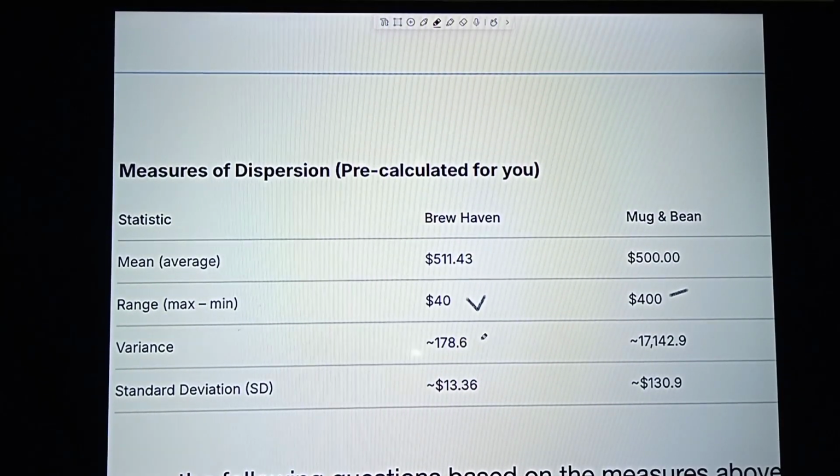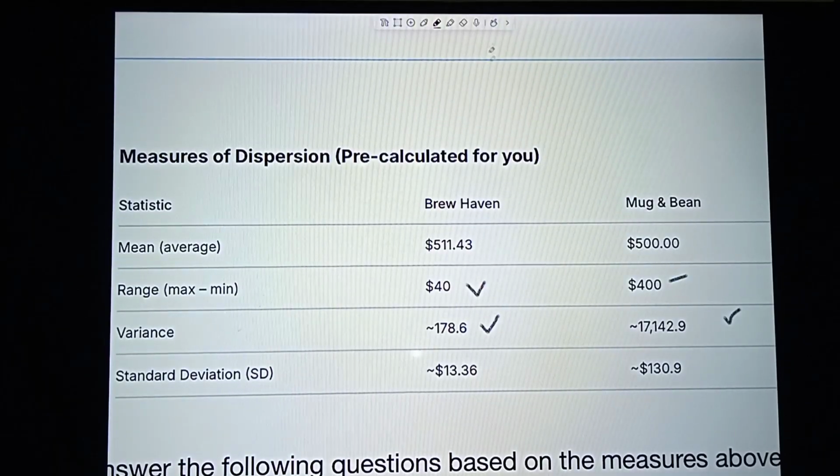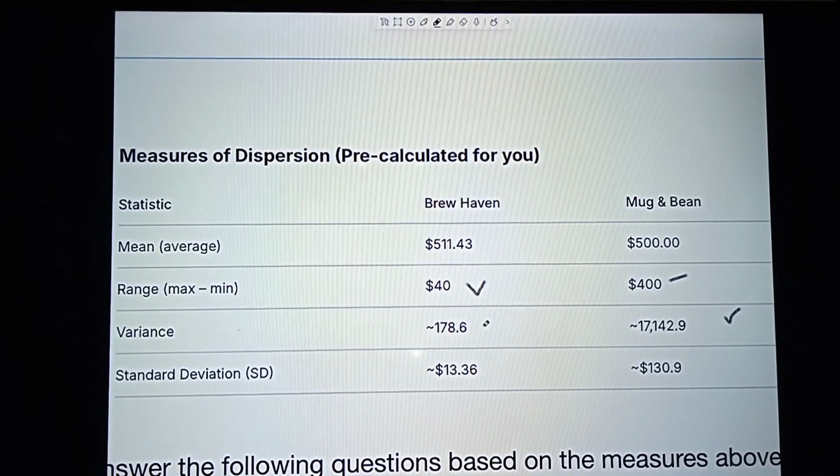Variance for Breve Haven is approximately $178.6, and for Mug and Bean it is $17,142.9. But for variance, the unit is dollar squared.